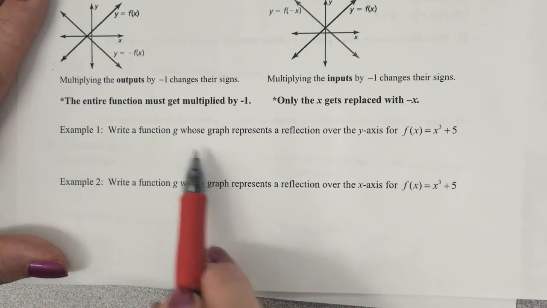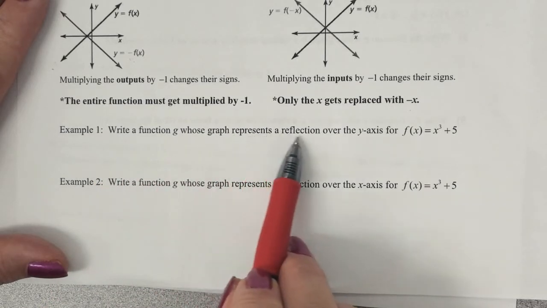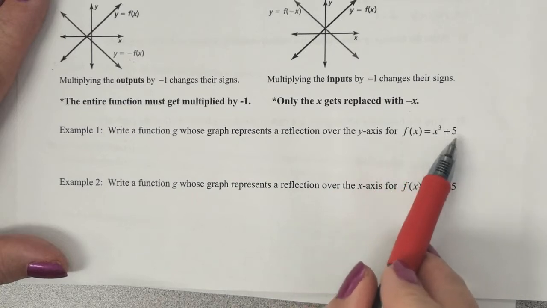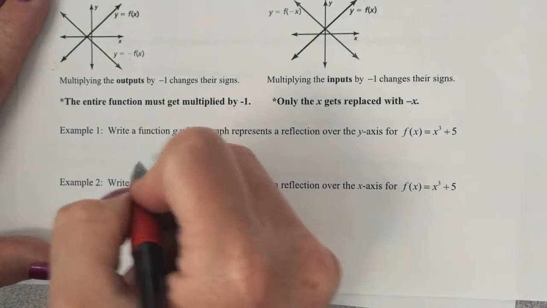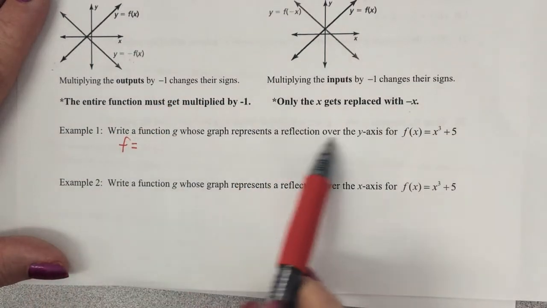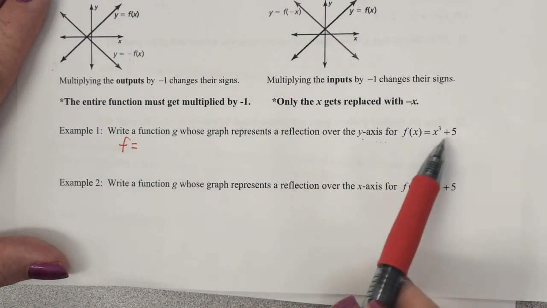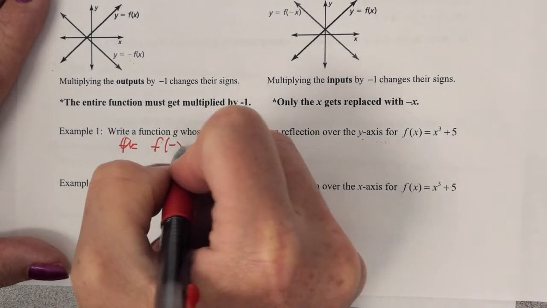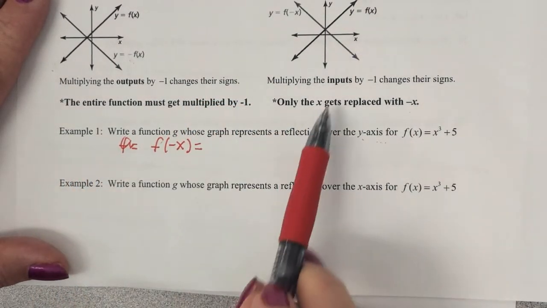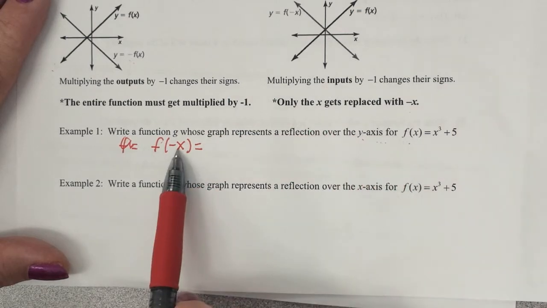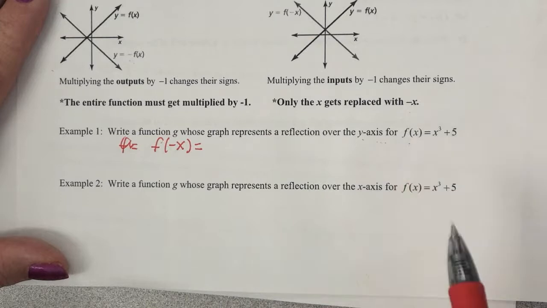All right, so write a function g whose graph represents a reflection over the y-axis for f of x equals x cubed plus 5. So I'm going to take my original function, and if I want to reflect it over the y-axis, that means that I'm going to have to do f of negative x. What that means is wherever I have an x, I want that x to get replaced with a negative x.